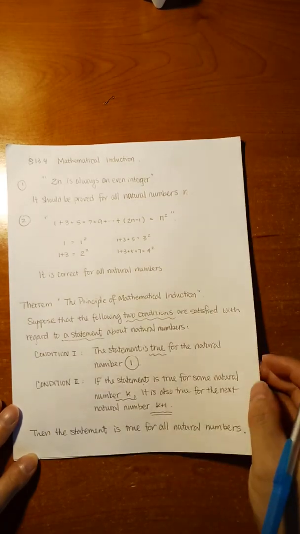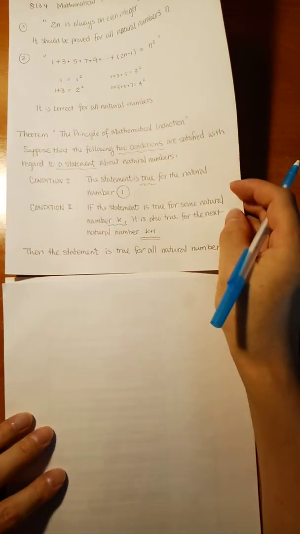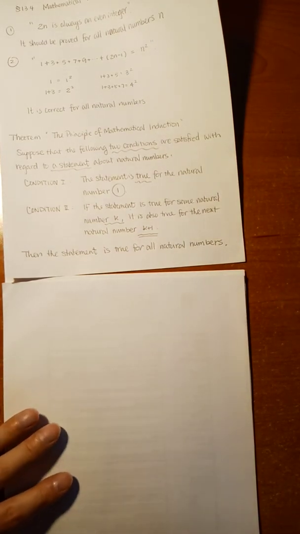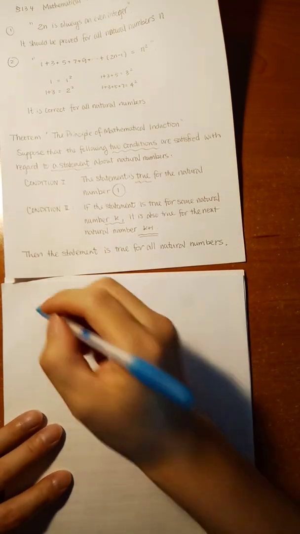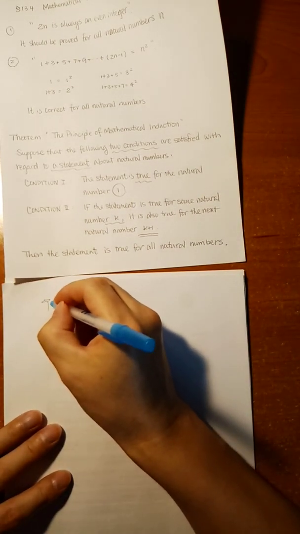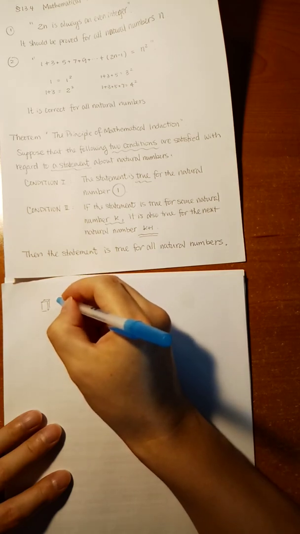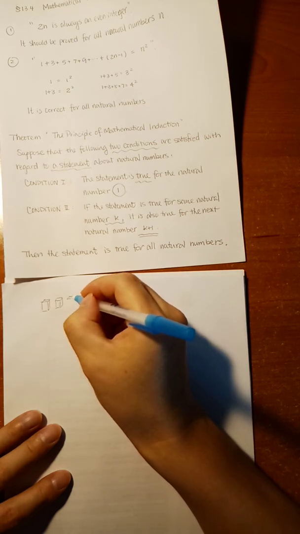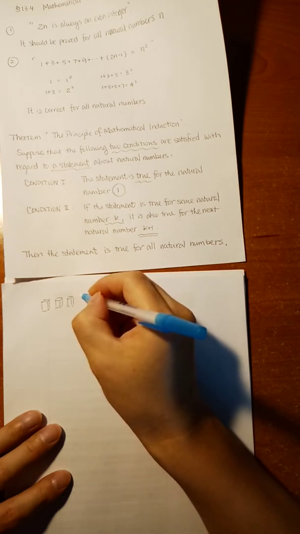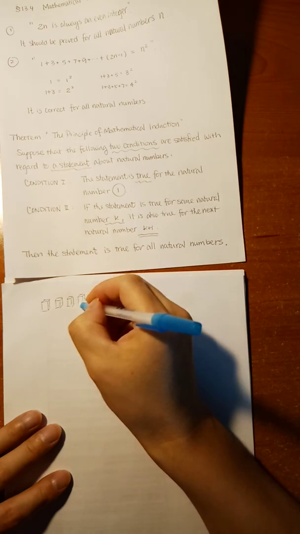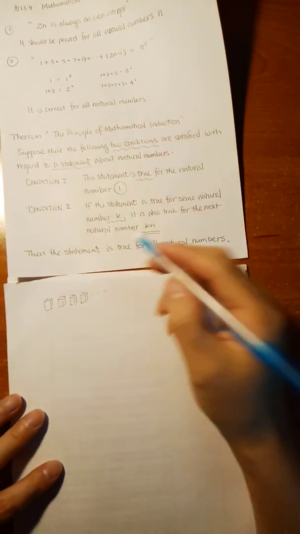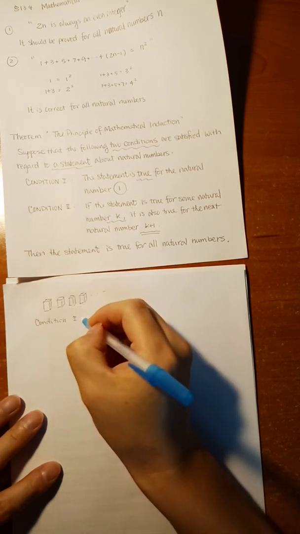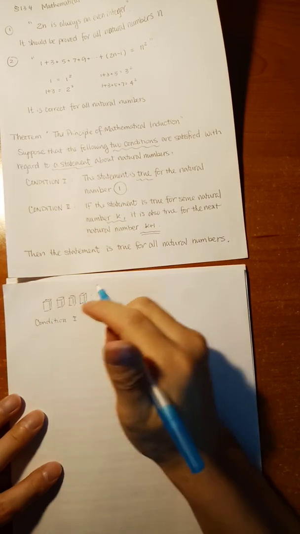And in the textbook, the author gave a very good illustration of why we have this mathematical induction. We use dominoes, right? So we have a lot of dominoes. Condition 1 means you're going to push down the first domino.